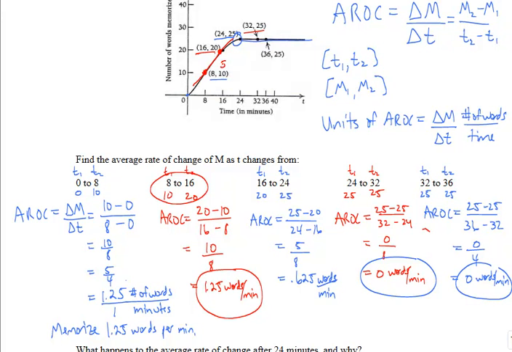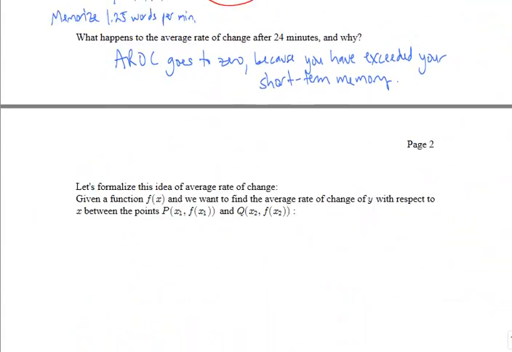And that is called a secant line, a line that goes through any 2 points on your curve. So the slope of that secant line happens to be the same as this average rate of change, this 1.25 words per minute. So we're going to talk some more about that.